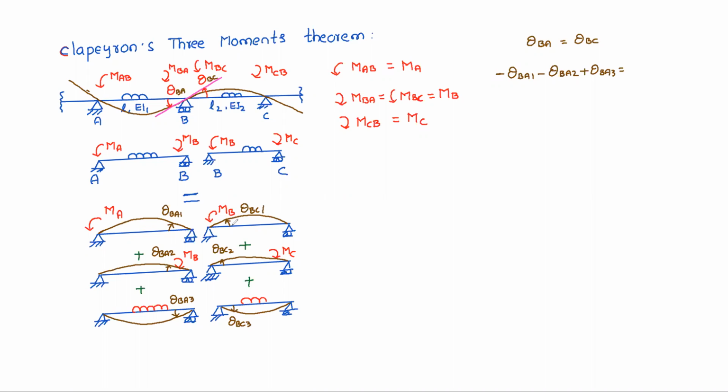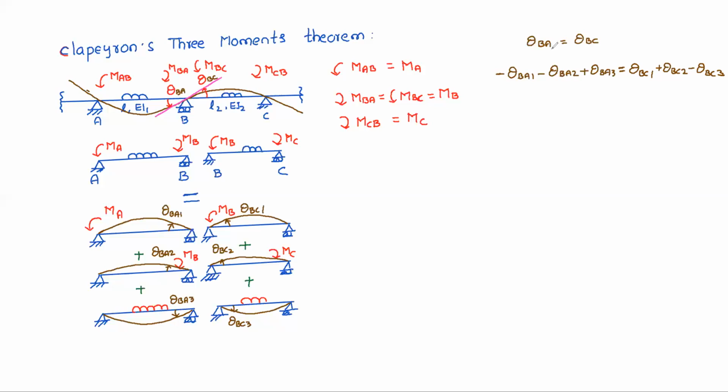So here theta BC1 is anti-clockwise, so positive. Theta BC2 also anti-clockwise, and theta BC3 is clockwise, minus theta BC3. So this is actually the original equation for the derivation of this three moments theorem.